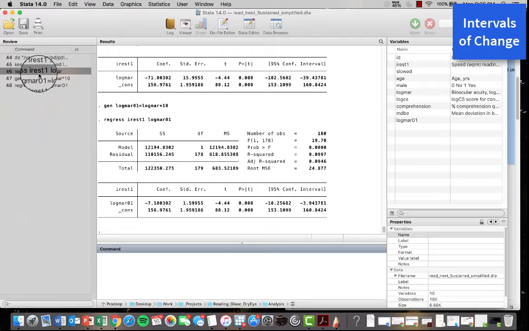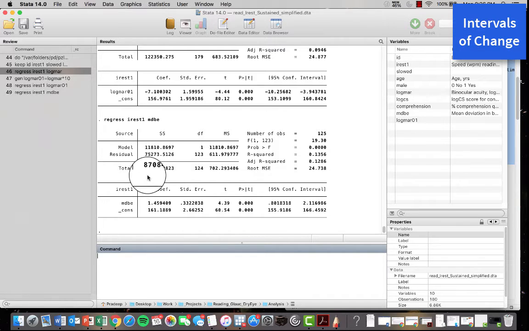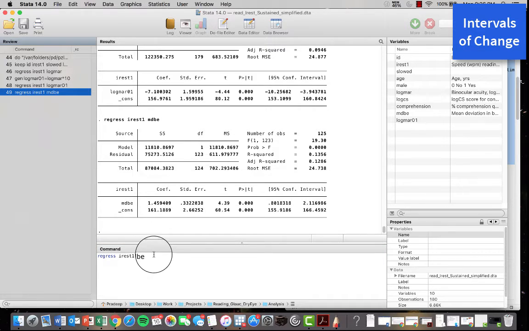So let's do the same thing here, where we regress this against the better eye. We see now that for each unit change in the mean deviation, you actually have an improvement in reading speed, because a 1 unit change in mean deviation means that you're actually seeing better. And you also see that the change is very, very small. But we want to look at a more reasonable increment of change, and also in the direction of worsening.